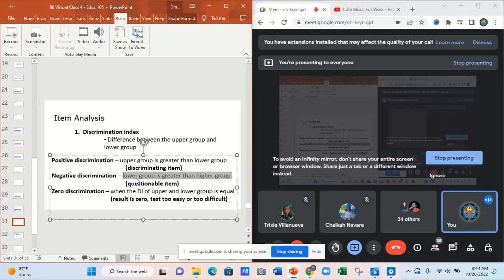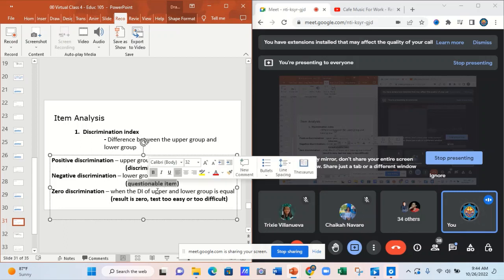Ana siya. So kinahanglan nato siya i-discriminate jud. So dili jud siya pwede class. Dapat ikasuko jud nato na ang mga lower group matama sa item, mas daghan ang mga members sa lower group ang makatama compared sa upper group. So therefore, we can conclude that this negative discrimination is a questionable item. Okay, it does not make sense therefore.